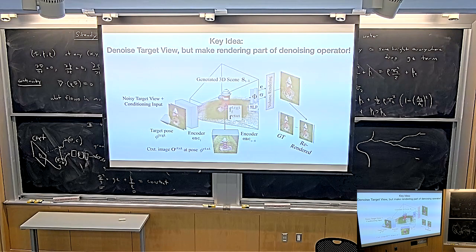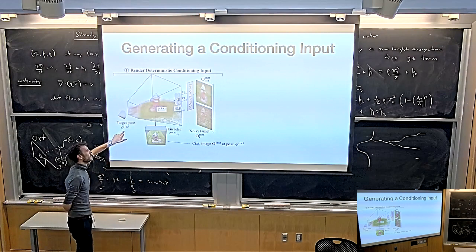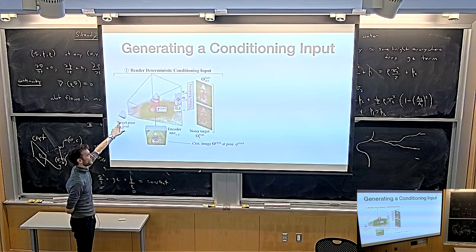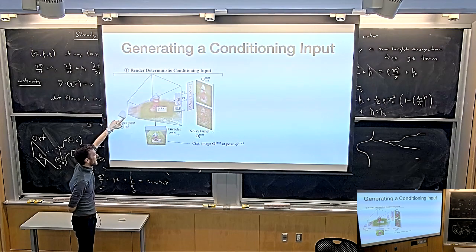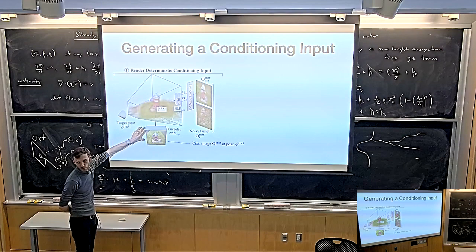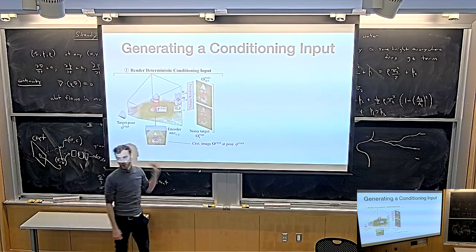Okay, so there's an easy fix to this. You sample your context view, you take only the pose of the target view, and then you just render a deterministic estimate of the target pose. So you basically first do a forward pass as if it was just PixelNerf. You get a blurry image.